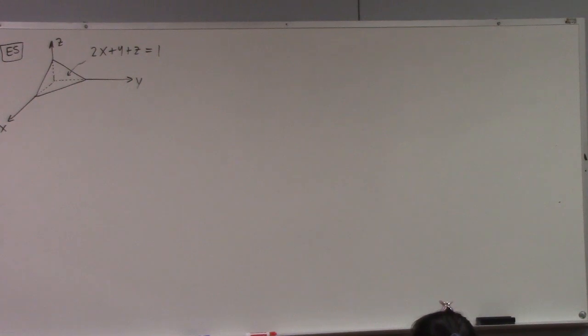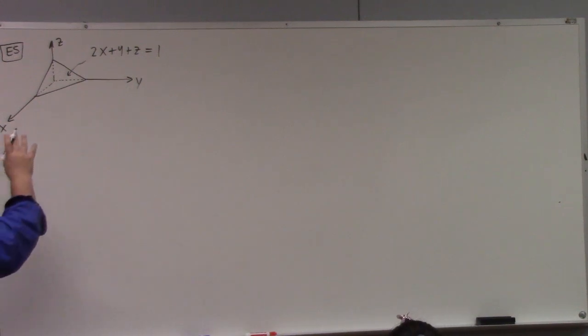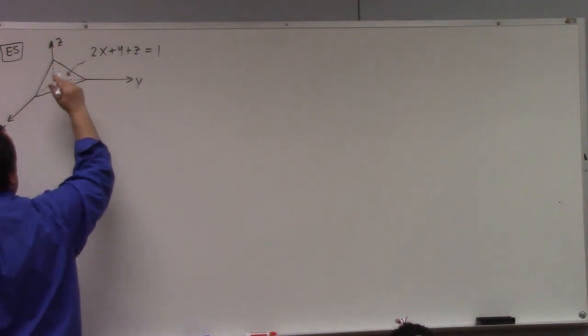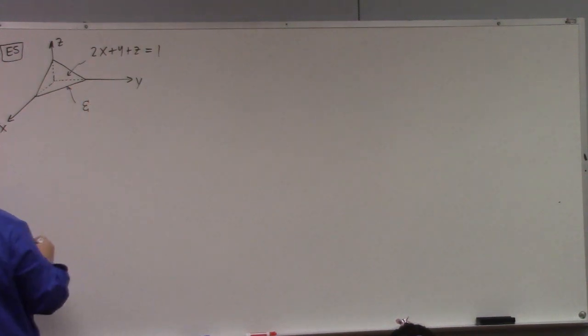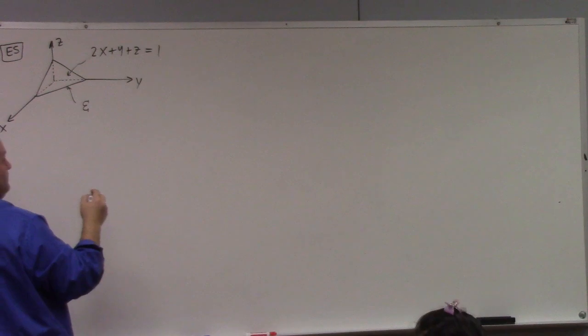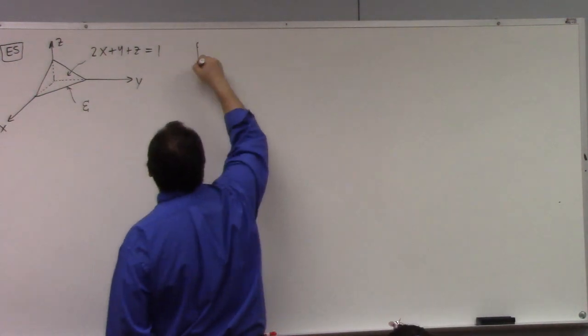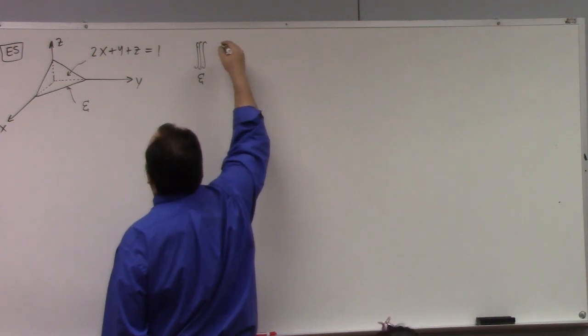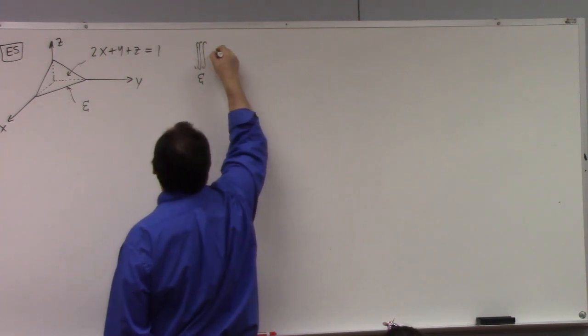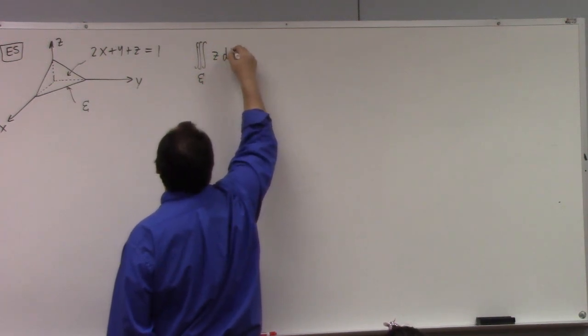But it's kind of like a jilted tetrahedron. This shape here, let's call that volume E. And what I'd like to calculate is the triple integral over E of, let's do something relatively simple, z dV.